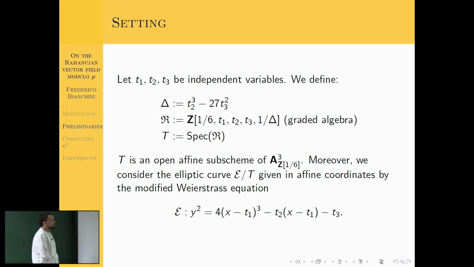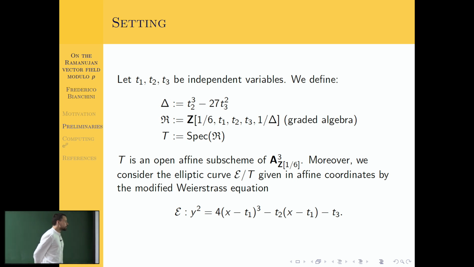And here, for our purposes, we consider a special weighting on the variables. Okay, so T1 has weight 2, T2 has weight 4, and T3 has weight 6. We denote as capital T the spectrum of this ring. It is an open affine subscheme of the affine space in 3 dimensions over Z[1/6].